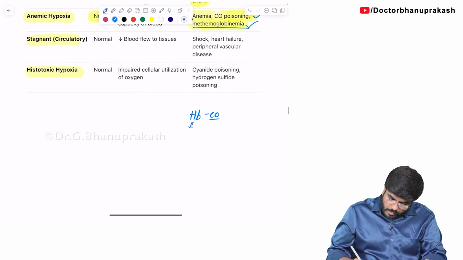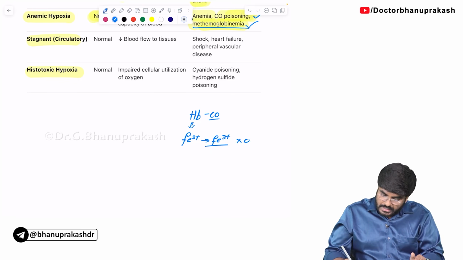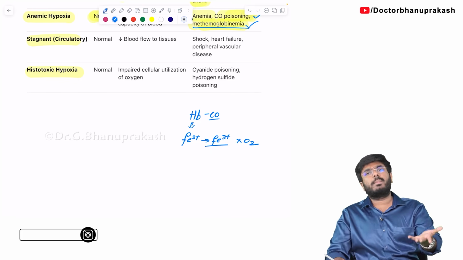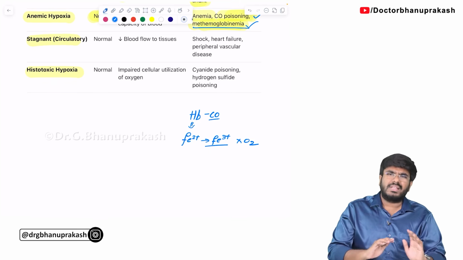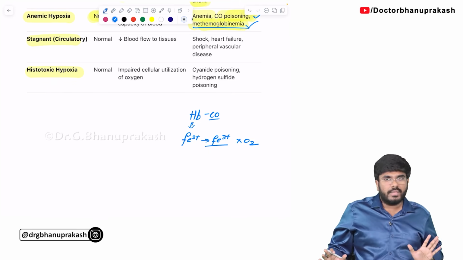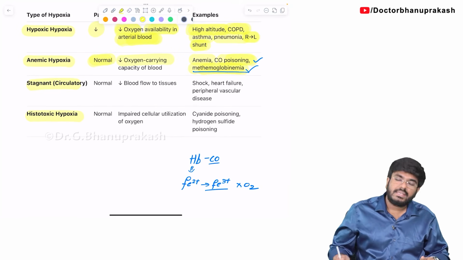Normally in hemoglobin, iron should be in the Fe2+ form. But if Fe2+ is converted into Fe3+, such a hemoglobin is called methemoglobin, which is a bad hemoglobin. Normal hemoglobin binds with oxygen, but methemoglobin does not. So if there is a problem with hemoglobin, oxygen carrying capacity is going to decrease.